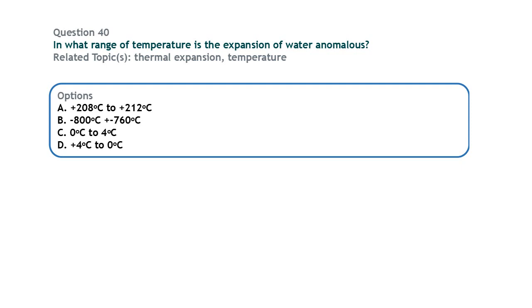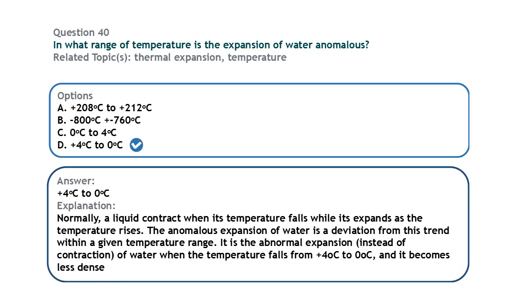And when it cools, when it loses temperature, it contracts, meaning it becomes smaller. However, water has an anomalous behavior within the range of 4 degrees Celsius to 0 degrees Celsius, in that as the temperature falls from 4 degrees Celsius to 0, instead of contracting, instead of becoming smaller, it begins to expand, turning into ice.